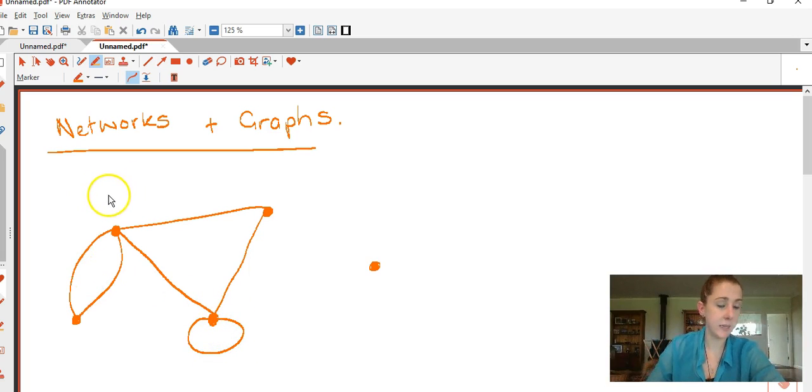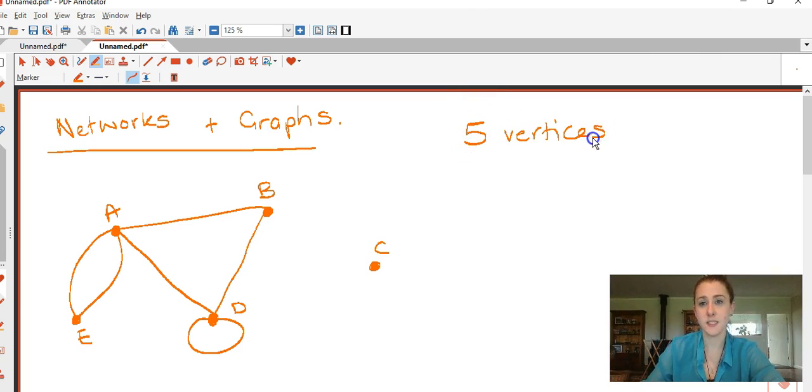So I'm going to label a couple of these. So I'm going to label my vertices A, B, C, D, and E. So I've got 1, 2, 3, 4, 5 vertices. So then I've got different edges.